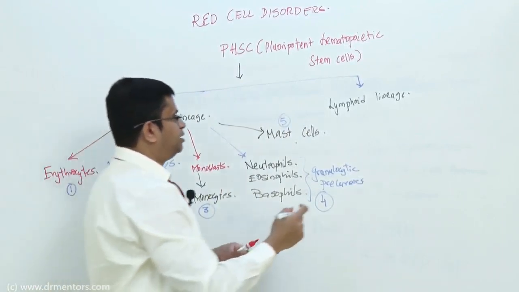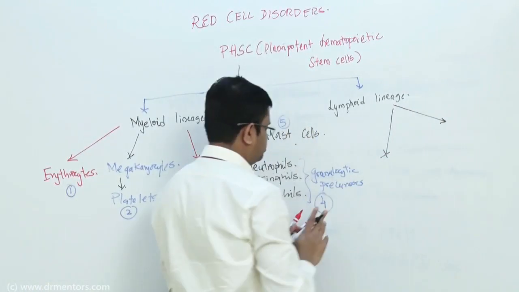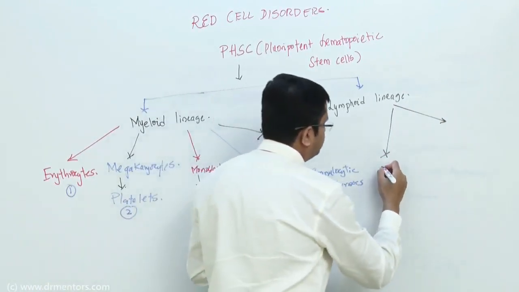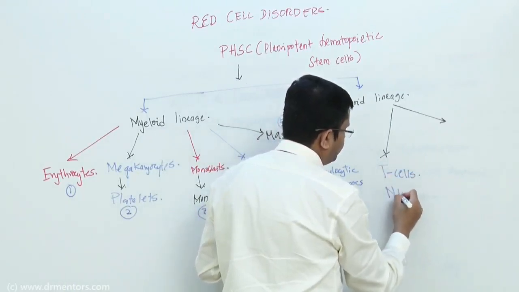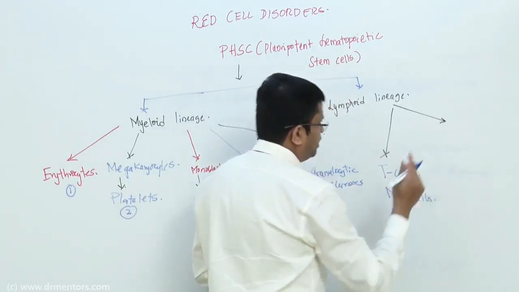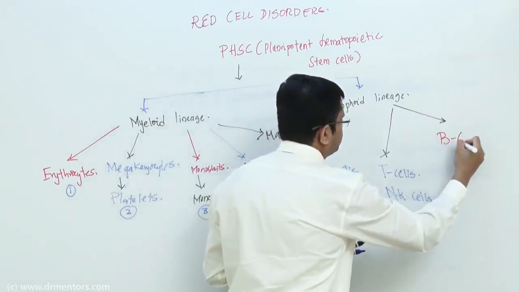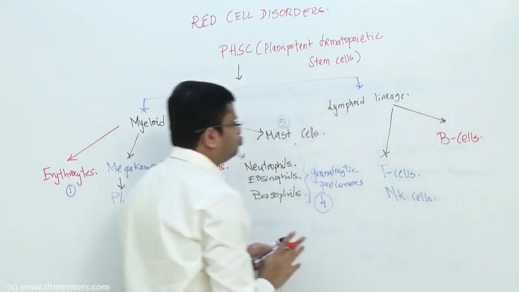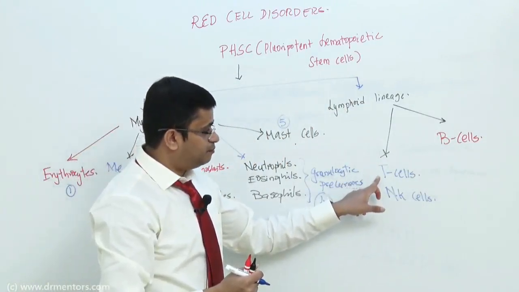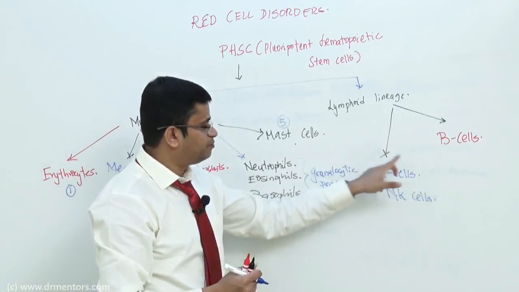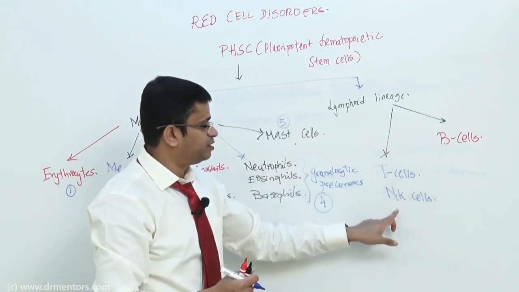The lymphoid lineage, on the other hand, gives rise to two main subdivisions, namely the T cells and the NK cells. NK cells are natural killer cells. Then the other cell is the B cells, B lymphocytes. So the lymphoid lineage is committed to two families. The first gives rise to the mature T lymphocytes and natural killer cells.